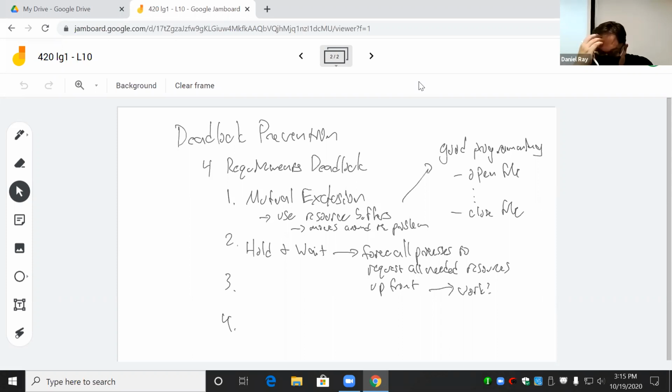Okay. An alternative to this might be if I have to make a request, then I drop everything. So let's assume that we do allow all processes to finish all their requests. Now, if I've got all my resources, and then I need something else, one approach would be release all those and then grab them all again, okay?